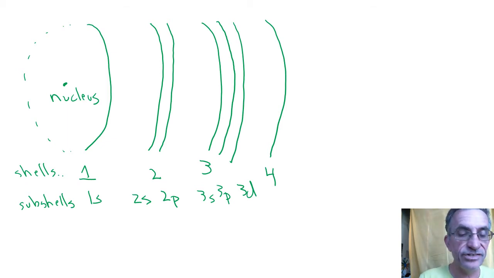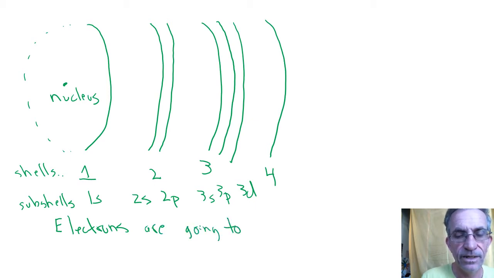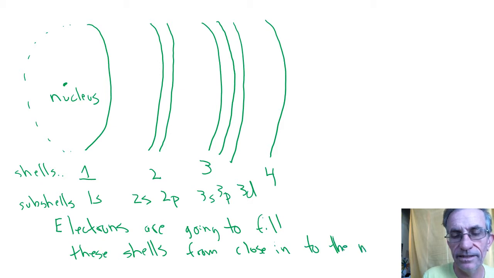So when we start using these shells in a little bit, it turns out electrons are going to fill these shells from close in to the nucleus to further away.